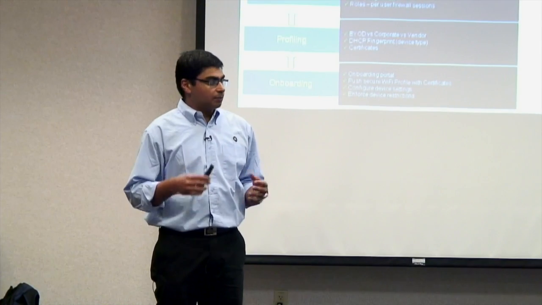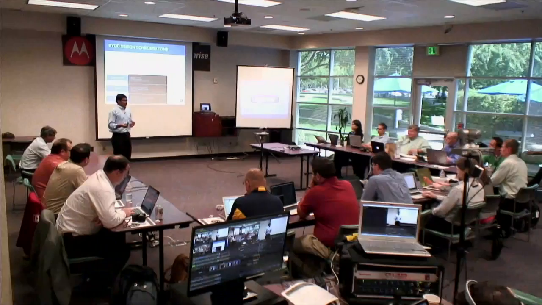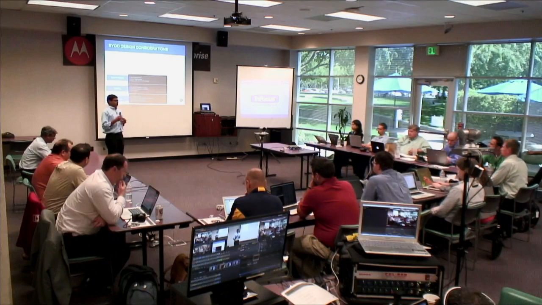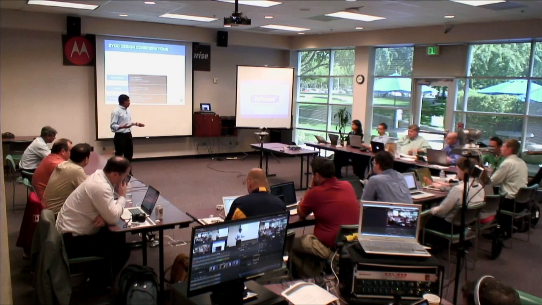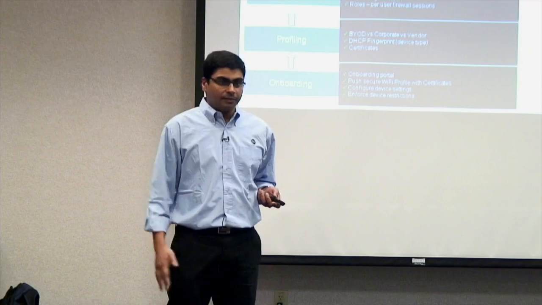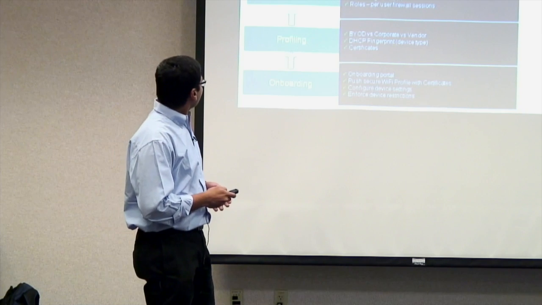You'll end up creating unique SSIDs for every device. So then VLAN segmentation, right? You have all the devices on a particular SSID, and put them on different VLANs based on your profiling parameters, or even better, you could do per user session firewalls, right? So I'm going to talk about all these later on.